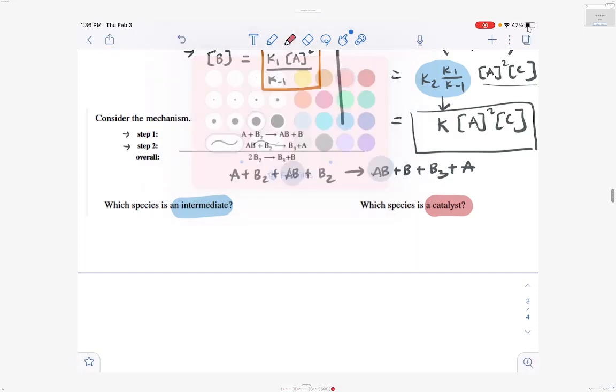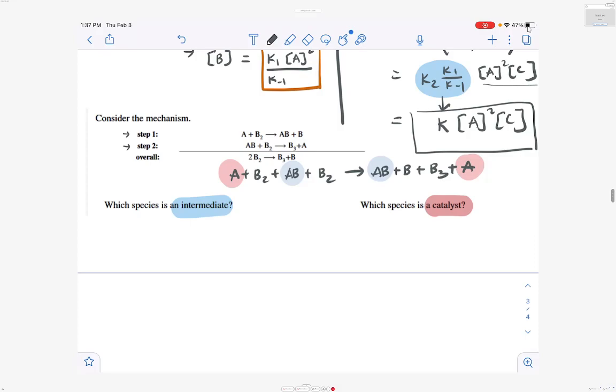And we can see that A is also appearing on both sides. Okay? But how do you know which one is an intermediate and which one is a catalyst? If you go back to the chapter 14 lecture slide, it says that an intermediate is produced in the reaction and consumed in the reaction.